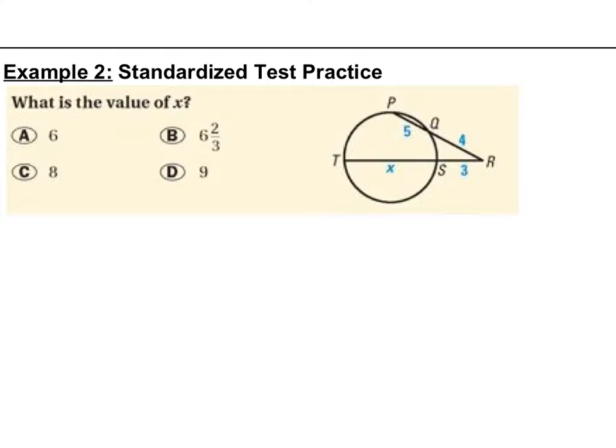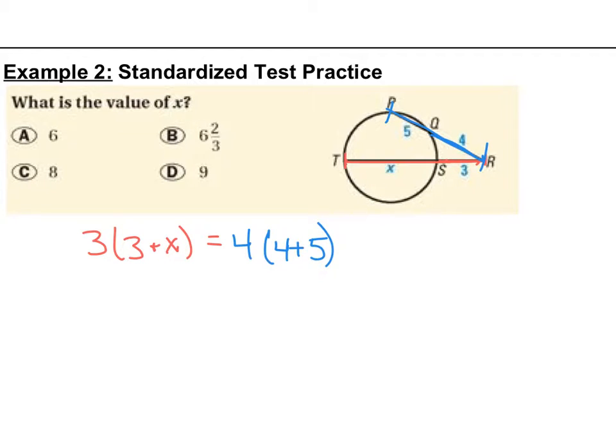So our theorem states that the external part, so 3, times the entire segment, which would be, I'm sorry, not 3x, but 3 plus x, will be equal to the external segment, which is 4, times the entire segment, which in this case will be 4 plus 5, which is 9.